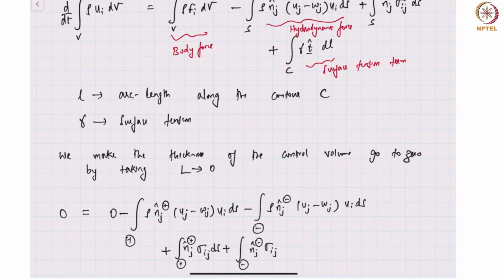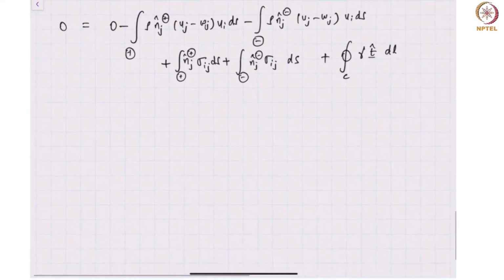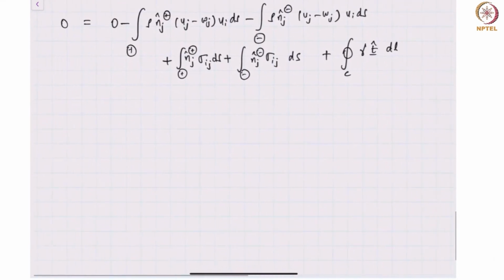This is ds. And finally, I have, this is a closed contour, contour C, gamma dl. Gamma T, that's the force, dl. So that's all the terms that I've written down here.